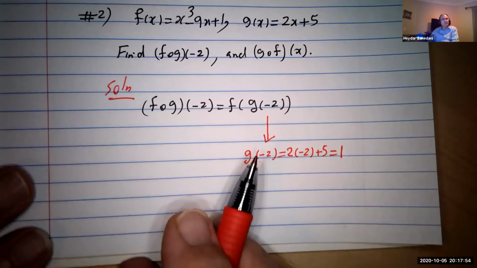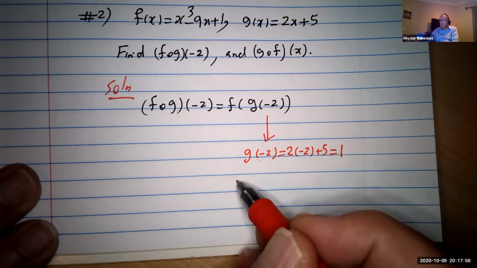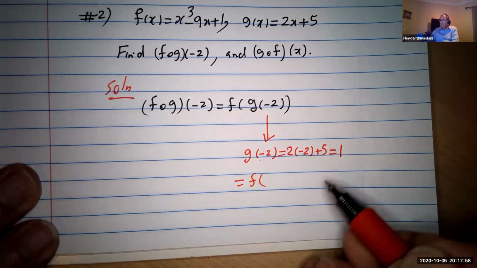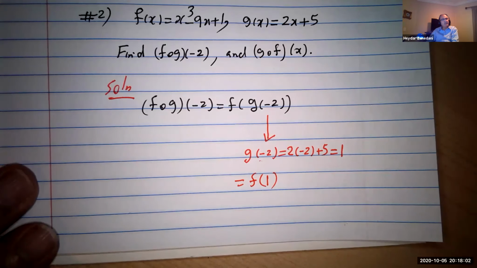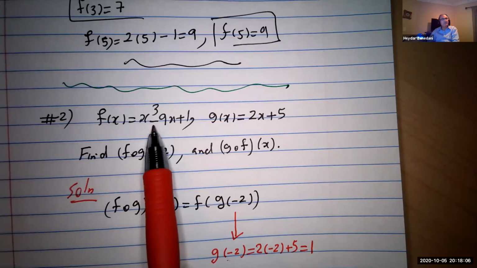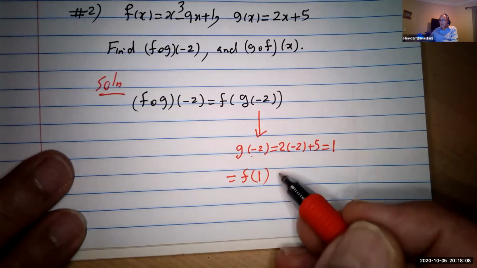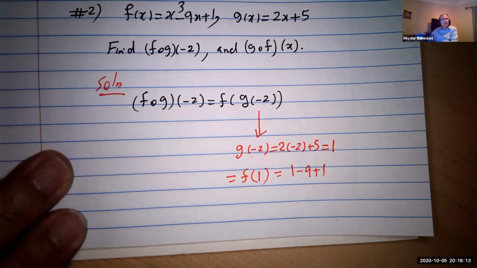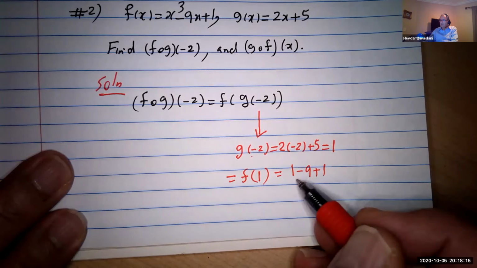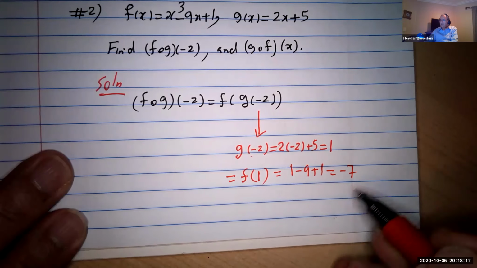Now you continue. So it's equal to f of 1. Now we go to the f function, and replace the x by 1. So that gives you 1 minus 9 plus 1. You simplify it, so that's going to be -7.